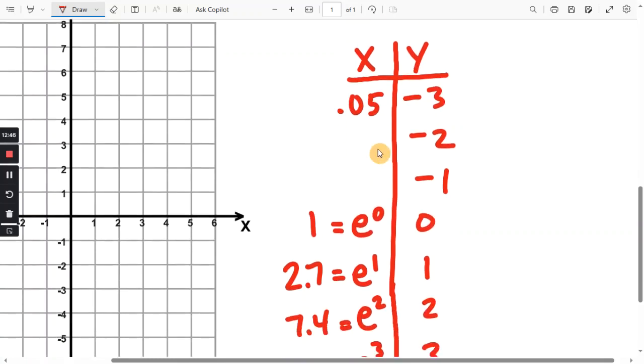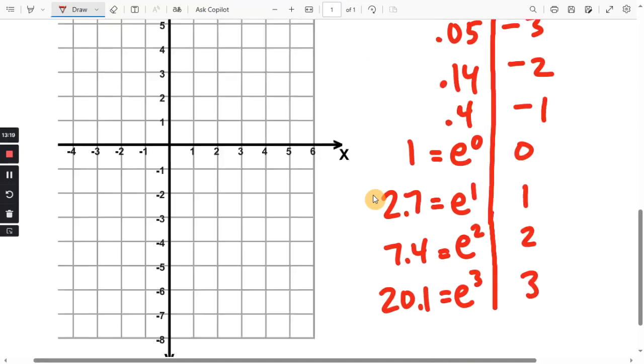All right, if I take the reciprocal of e squared, I get 0.14. And if I just take the reciprocal of e, I get 0.37, which is really just 0.4. Because we're not going to be that precise on the graph anyway.